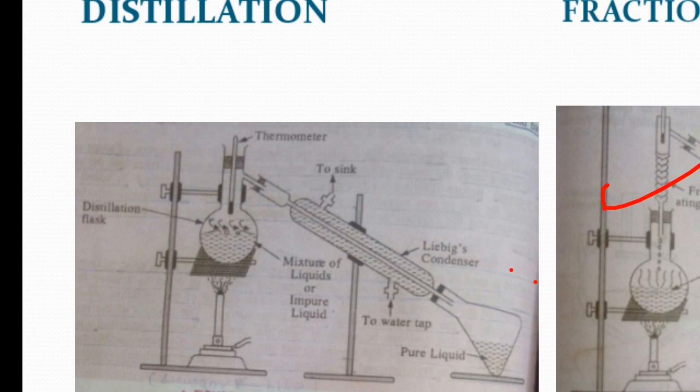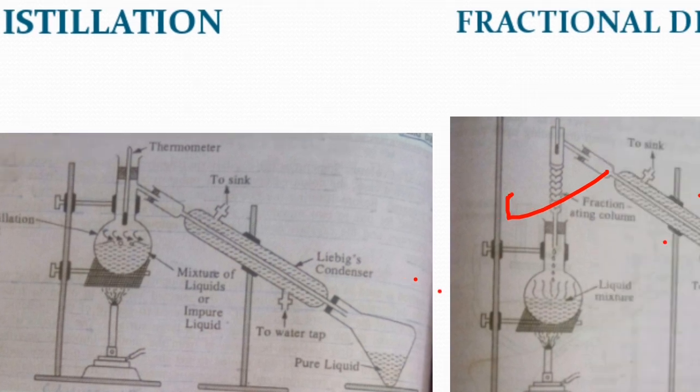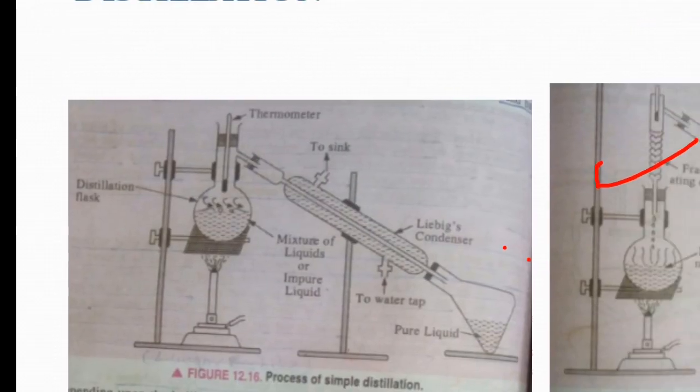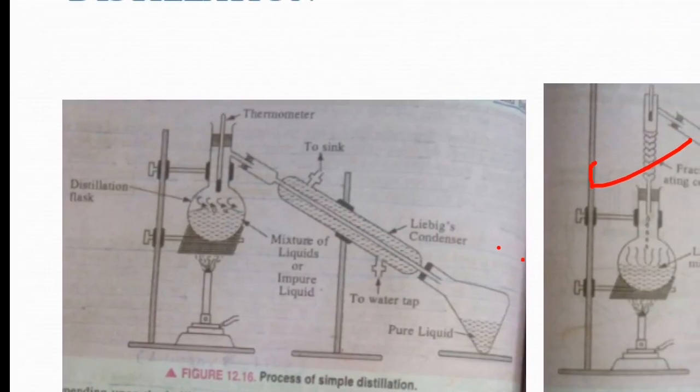Now what will happen? If suppose we have A and B, two liquids here, then the liquid having a low boiling point will evaporate and go into the water condenser. On the outer side of this narrow tube, water is there.